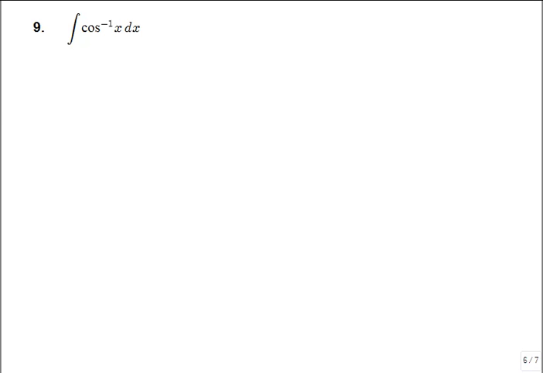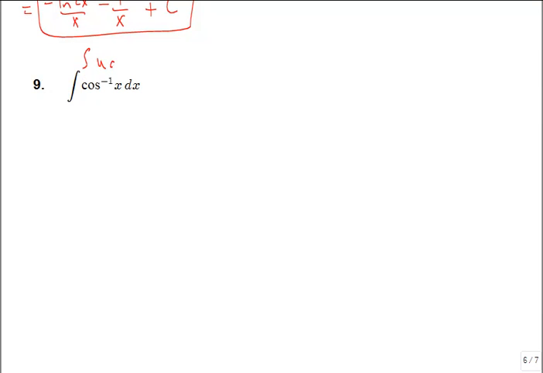So the way that integration by parts works, again, is to let this be our u dv. Since there's only one function here, and we don't know how to integrate inverse cosine of x, we obviously don't want that to be our dv, we want that to be our u. So we're going to assign our u to be inverse cosine of x. I do have a formula for the derivative of inverse cosine of x.